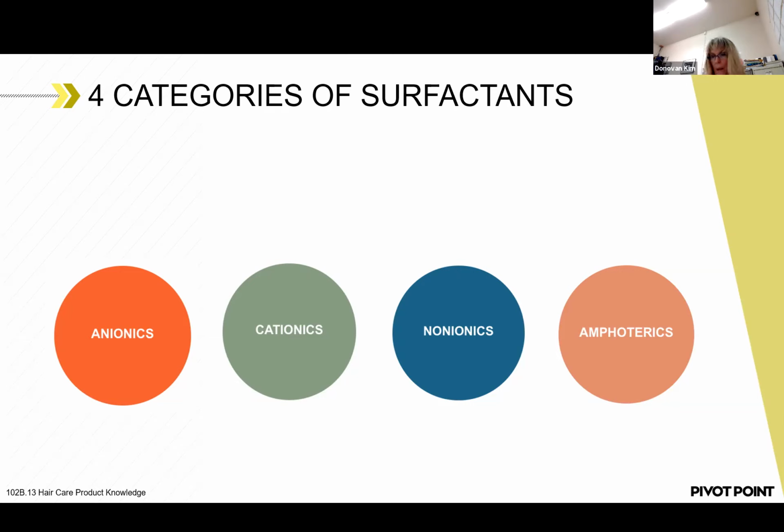The non-ionics, we do see it a lot. It's a mild cleanser. It's not very irritating. You see things in ingredients that are called a DEA or an MEA, and that's what they are. And then the amphoterics, it adds manageability and it won't sting the eyes.